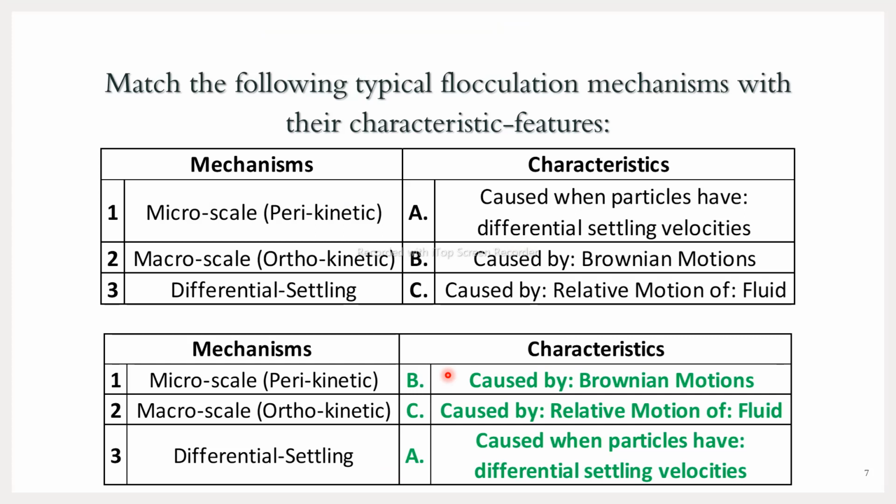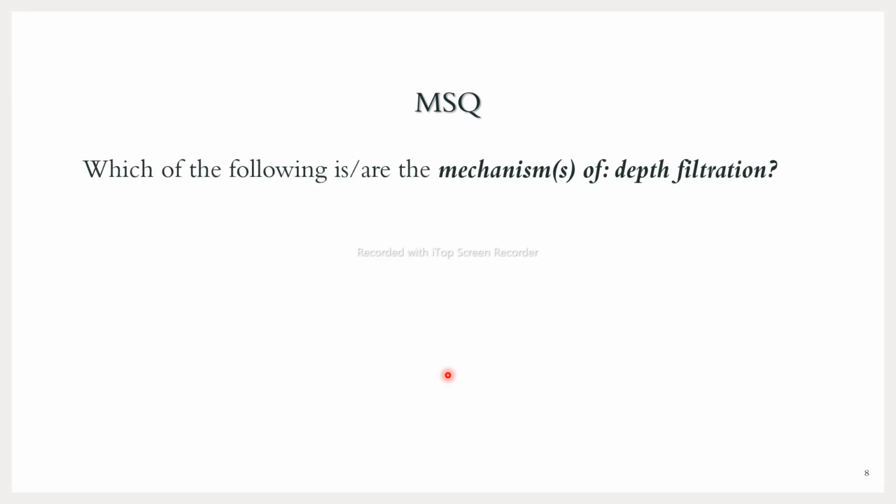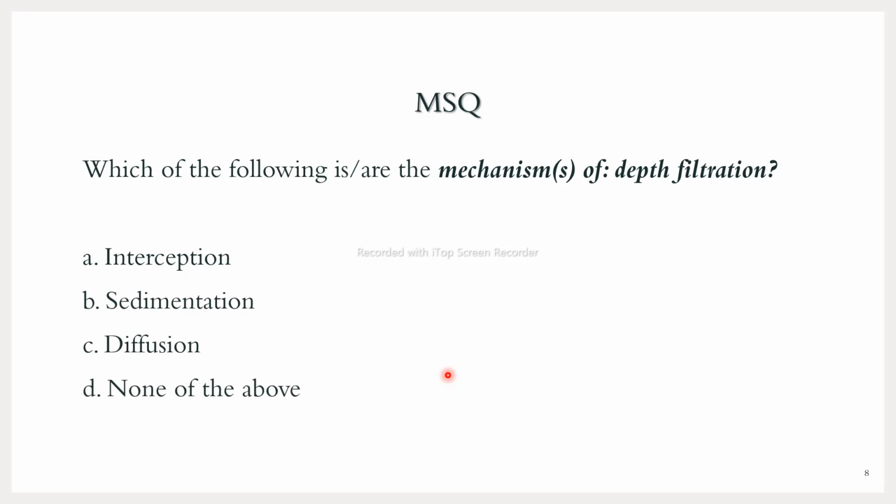Okay, let's move on to our next MSQ. This is a multi-select question, so more than one option may or may not be correct. Which of the following is or are the mechanisms of depth filtration? A, interception, B, sedimentation, C, diffusion, and D, none of the above.